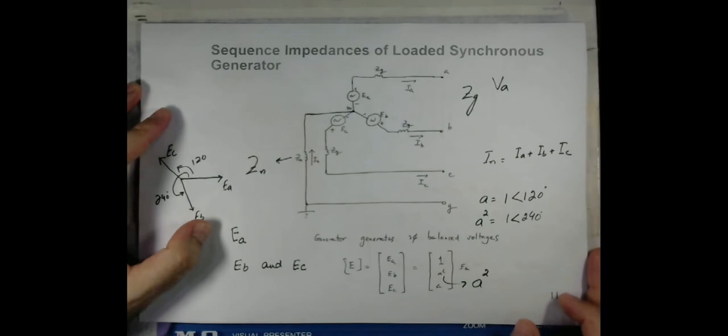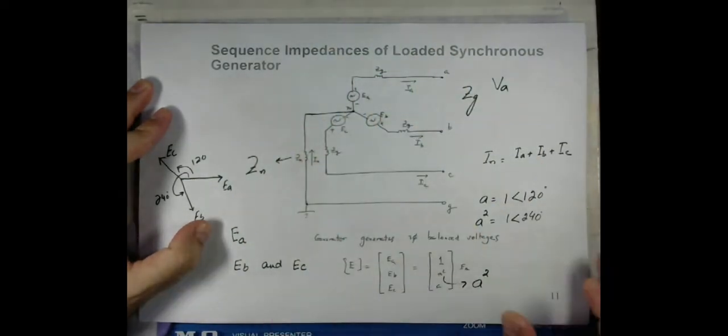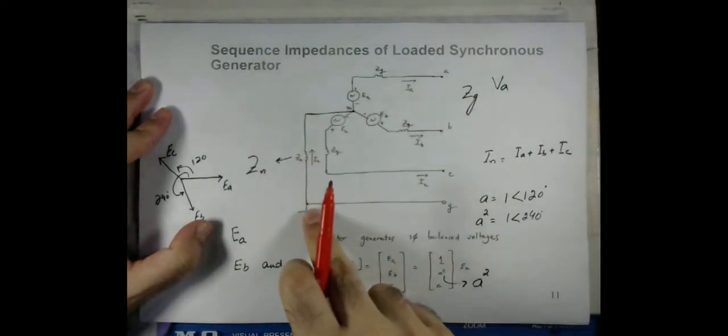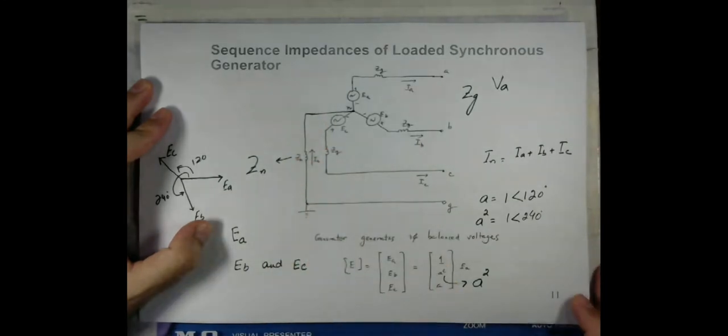Afterwards, we took the case of the rotating machines, where we discussed the loaded synchronous generators, and we took the case where the neutral point was connected to the ground through impedance Zn.